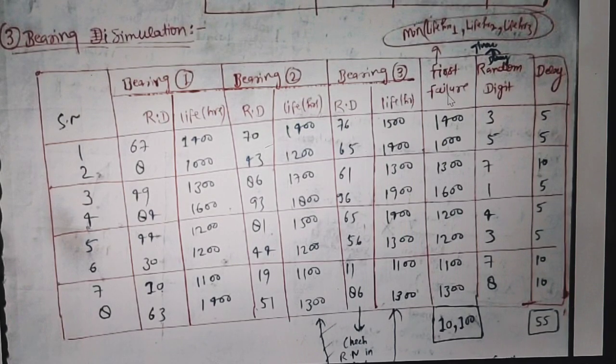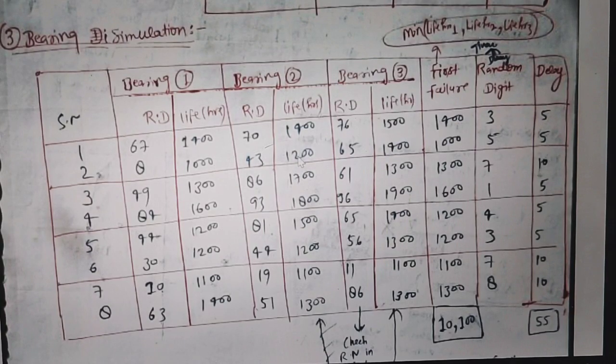Now the first time failure occurs, and we calculate this. For the first time failure we take the minimum of the life hours for bearings 1, 2 and 3. Here the values are 1400, 1400, 1500, so the minimum is 1400.